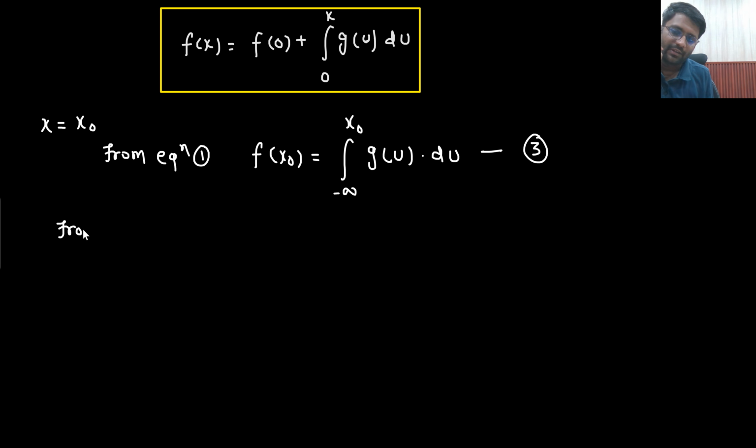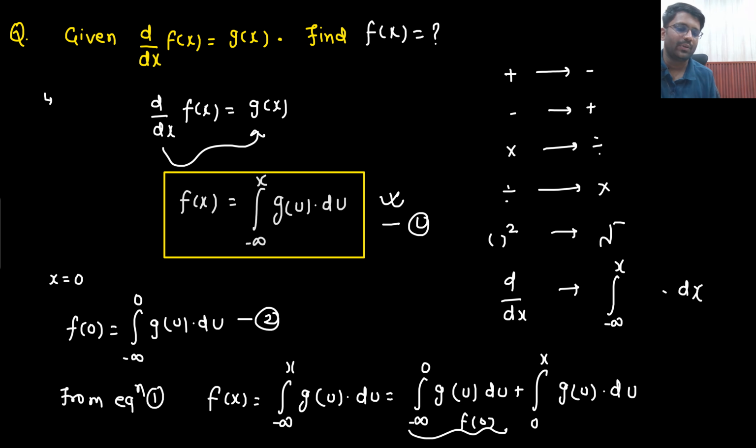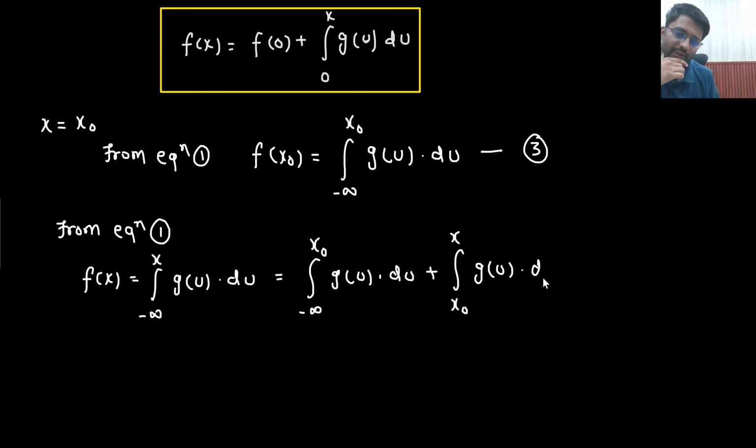Now again from equation 1, what was your f(x)? Sir, f(x) was nothing but the integral from minus infinity to x of g of u du. Sorry guys, that was a blunder from my end. This was your f(x), minus infinity to x of g of u du. Now can I break it somewhat like this: minus infinity to x naught of g of u du plus x naught to x of g of u du?